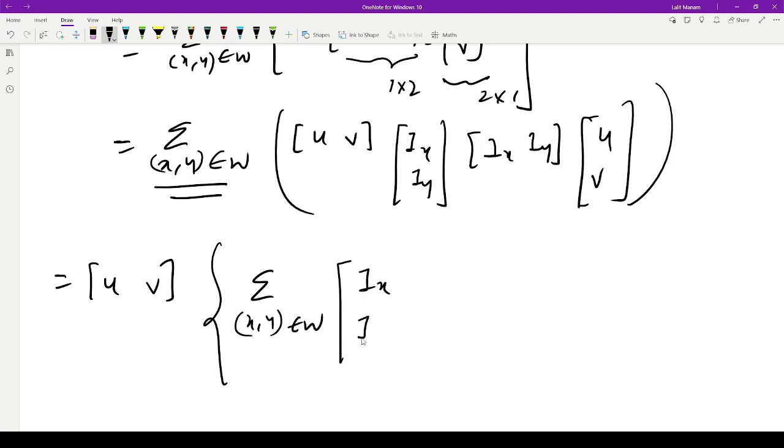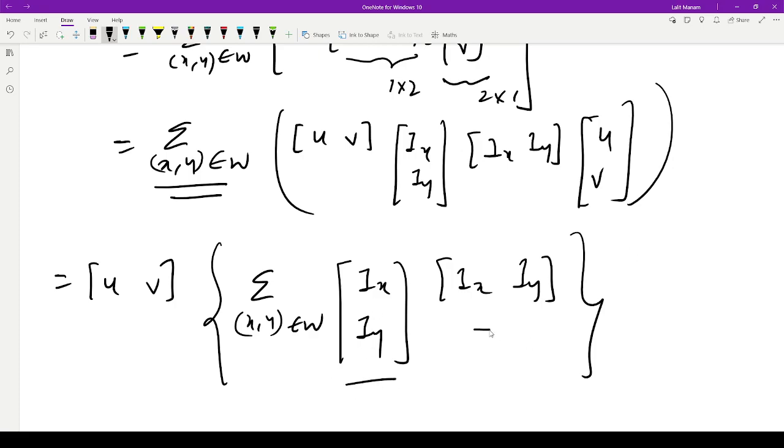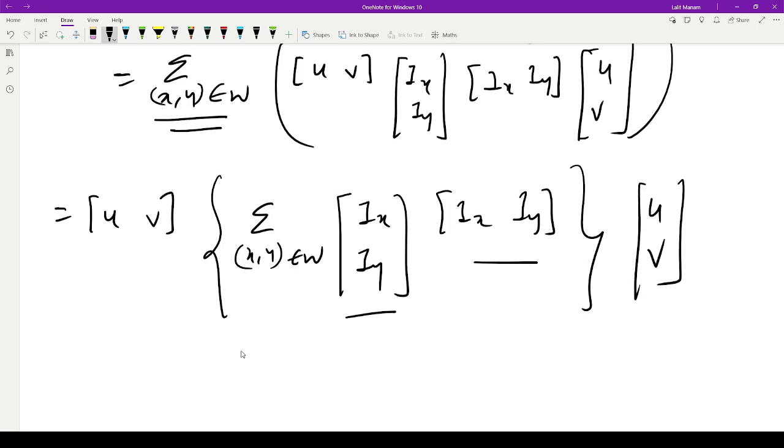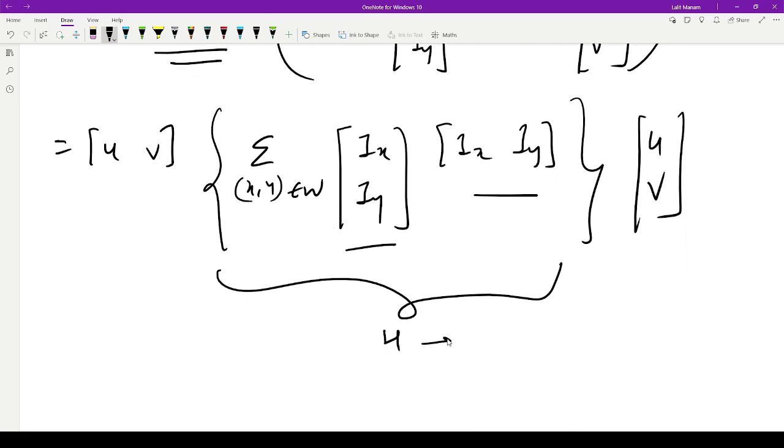So for every pixel in that window, you take the image gradients, then do an outer product of those image gradients, and then sum it up. So this whole thing is the matrix H, which captures the statistics of the patch.